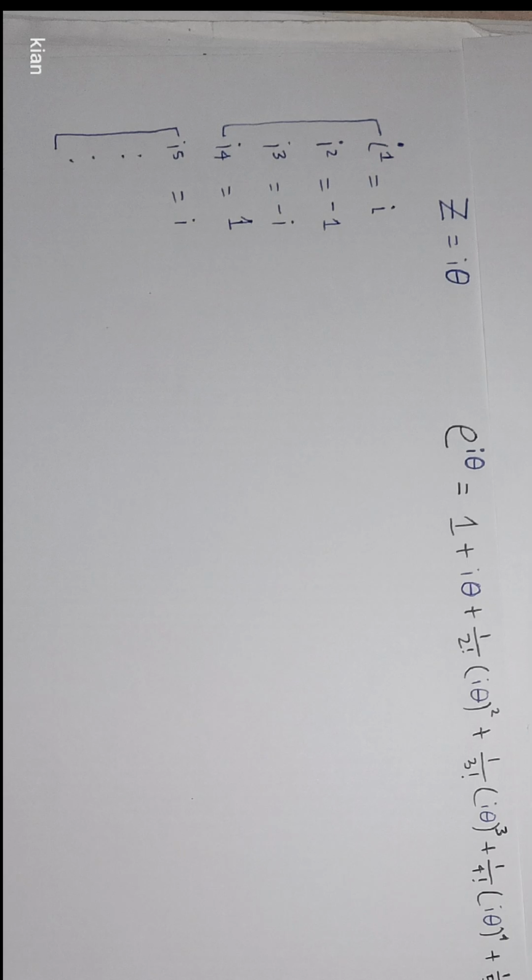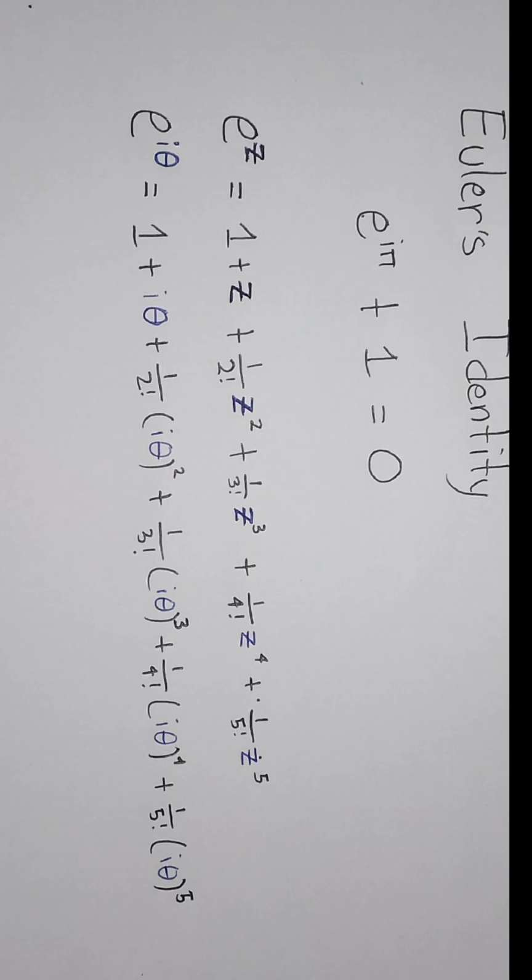Before we continue, let me first show the powers of i. i raised to the power of 1 is i, i raised to the power of 2 is negative 1, i raised to the power of 3 is negative i, i raised to the power of 4 is positive 1, and i raised to the power of 5 is i. So if it continues, it keeps repeating i, negative 1, negative i, and positive 1.